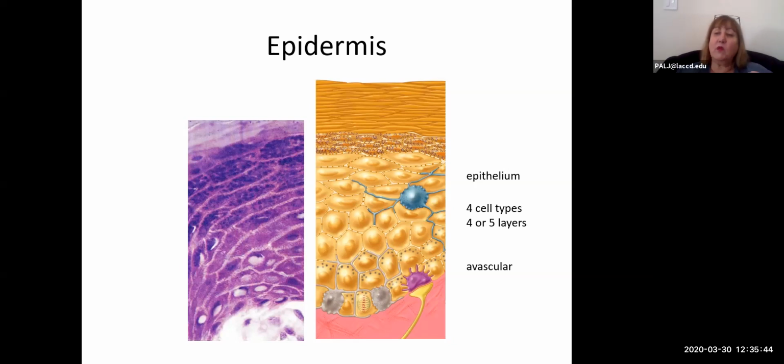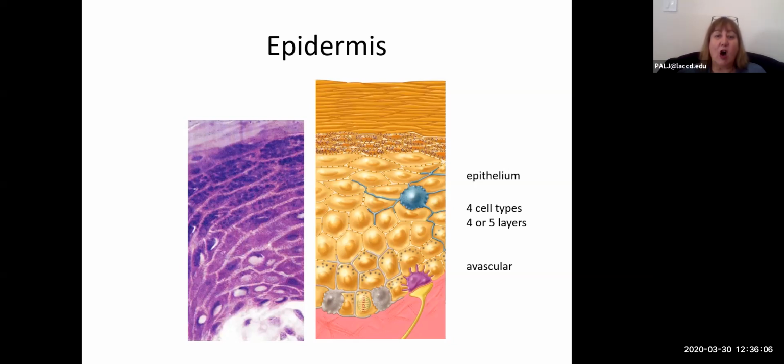And depending where we are in your body, we'll either have 4 or we will have 5 layers in the epidermis. But whether you have 4 or 5 layers, the epidermis, just like all epithelium, is avascular. There are no blood vessels in it.